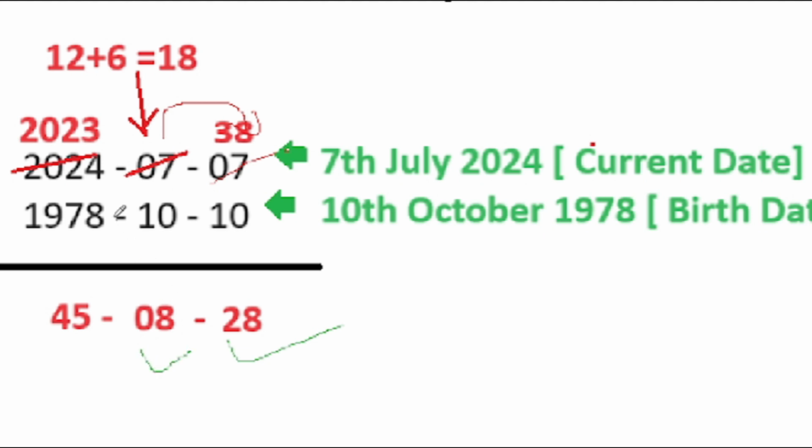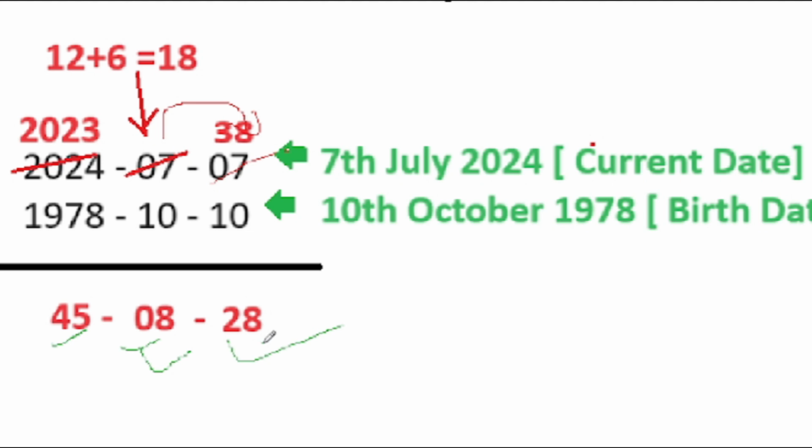Since the year lent 1 to the month, the year became 2023. 2023 minus 1978 becomes 45. So the person's age is 45 years, 8 months, and 28 days.